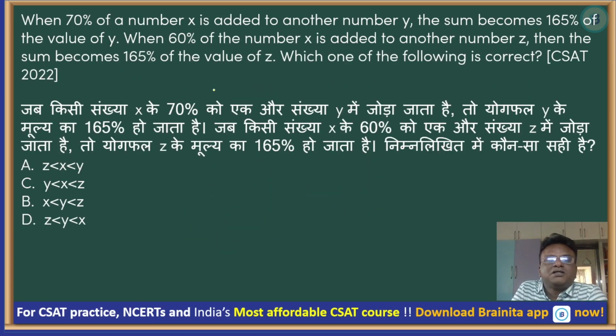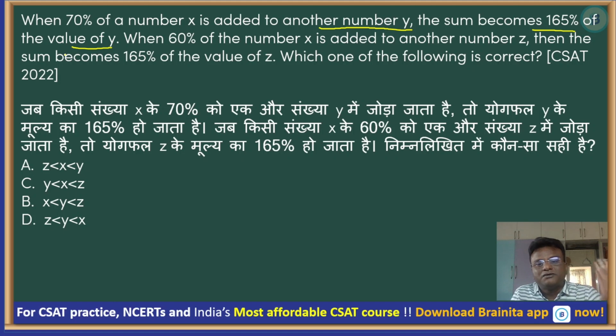When 70% of number x is added, now understand this question properly. This is a concept oriented question. No formula will work. When 70% of number x is added to another number y, the sum becomes 165% of the value of y. What is 165% of the value of y? It is a 65% increase in the value of y, right? 100% of y is y.